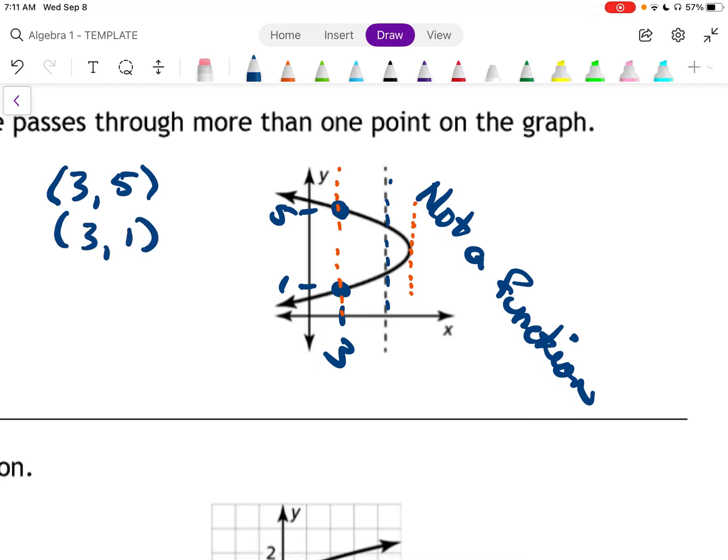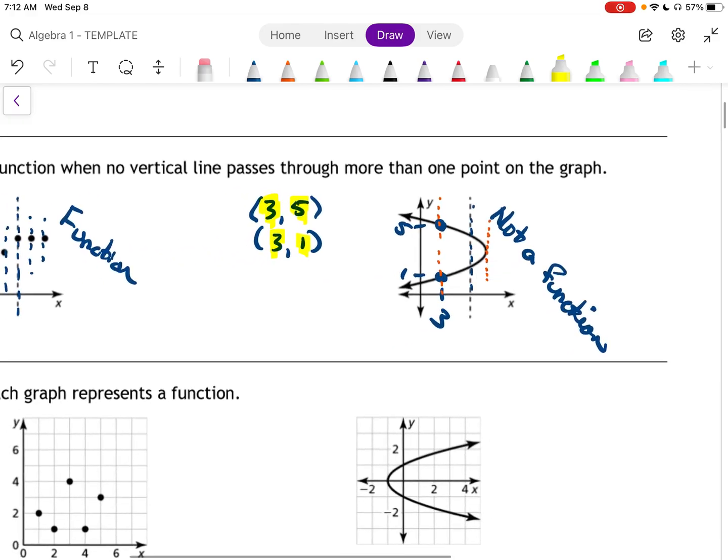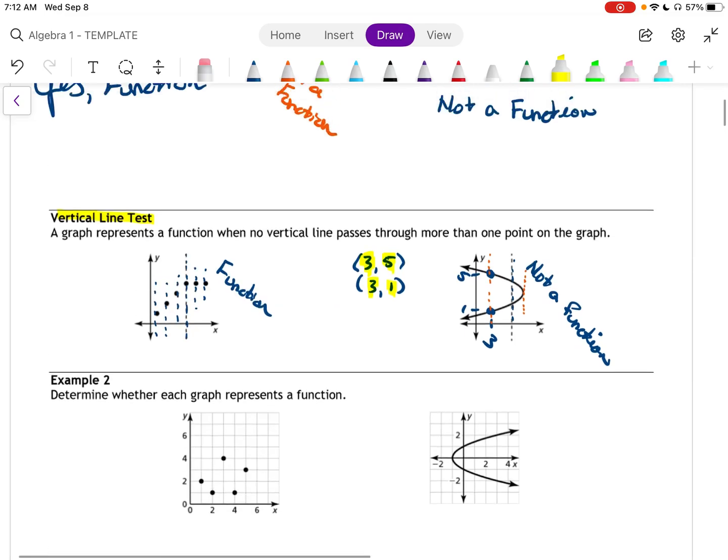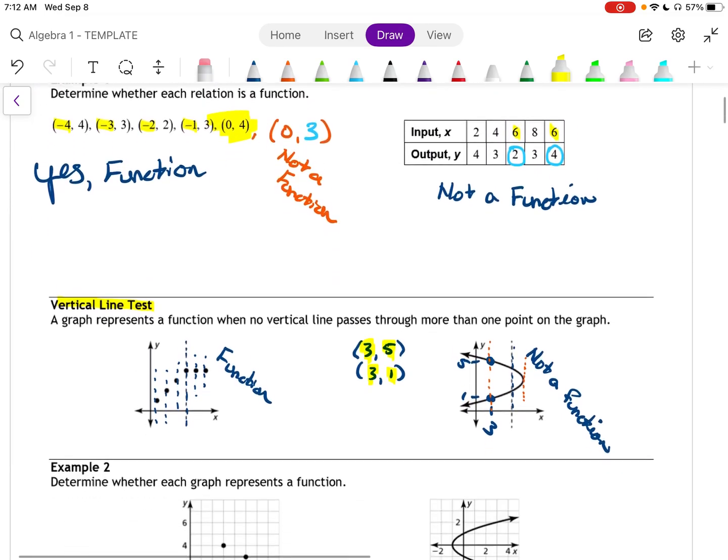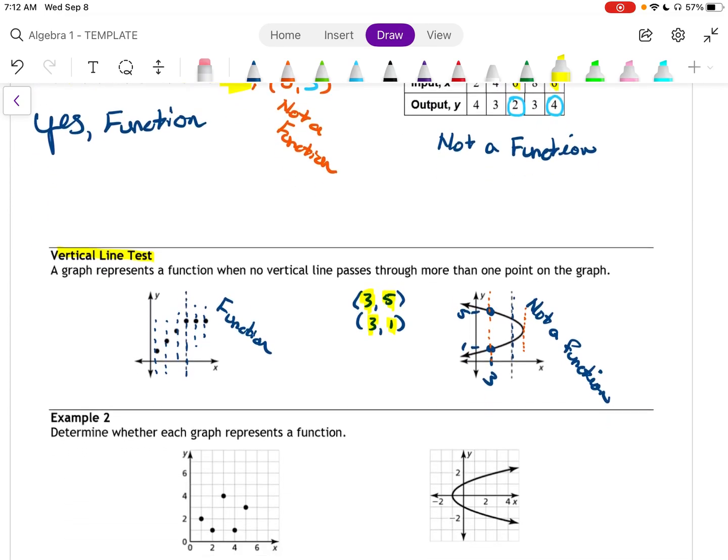All I did was list those points. We have an input value of 3, and the first time we plug it in, we get out 5. And then we plug in a 3, and we get out a 1. Again, that just doesn't really make sense. So the vertical line test is still doing that function rule that we were doing up above, but it does it a little bit faster. It does it a little bit better for graphs.